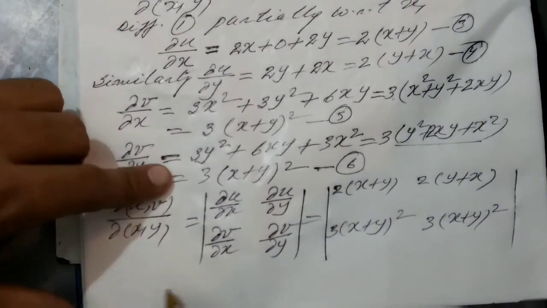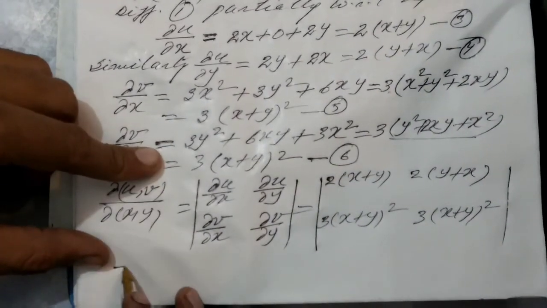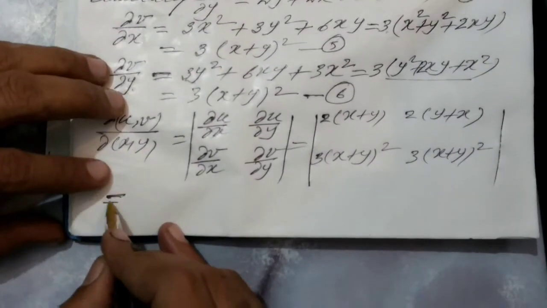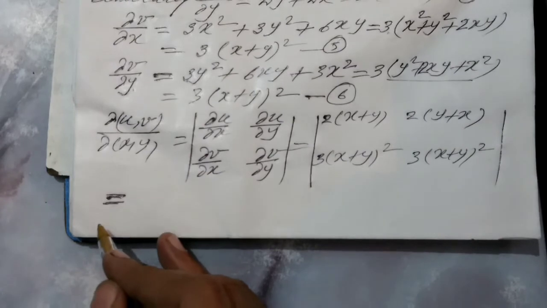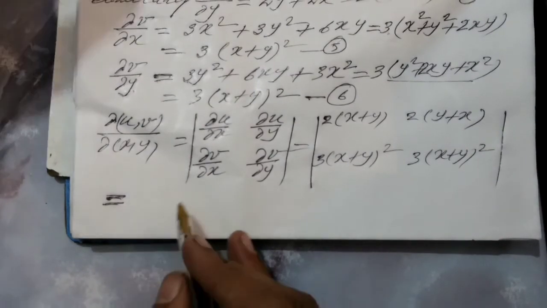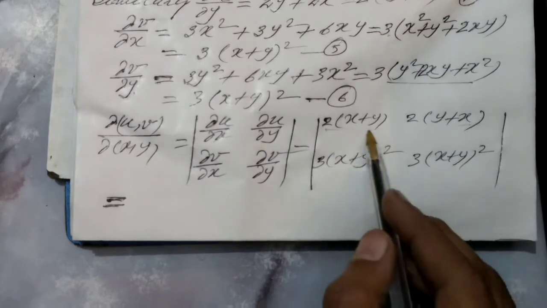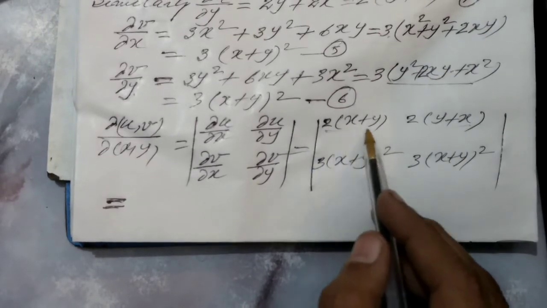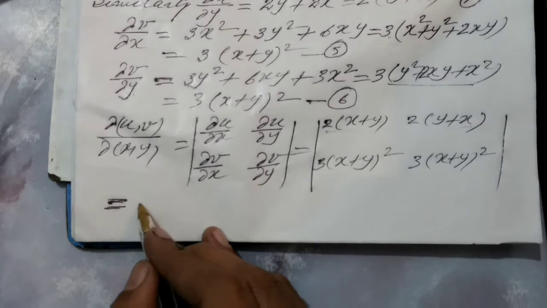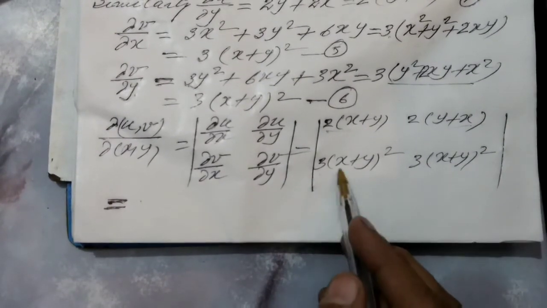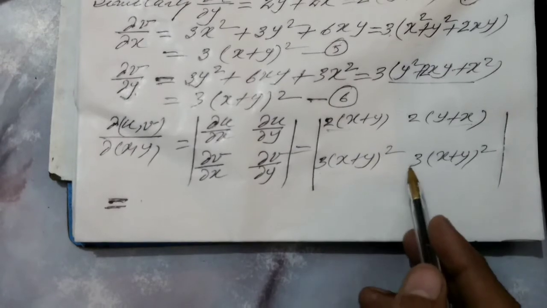And as we know that we may take anything common out of any row or any column. So if we see from the first row, the whole 2 times x plus y expression is common, and from row 2, the whole expression 3 times x plus y whole square is common.